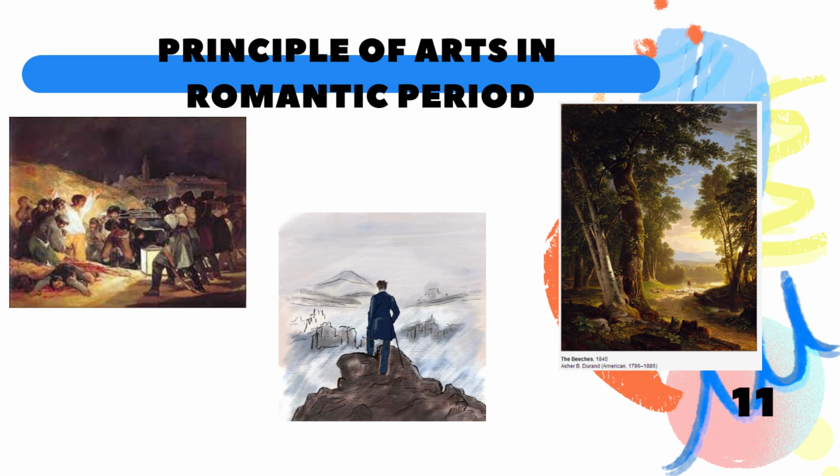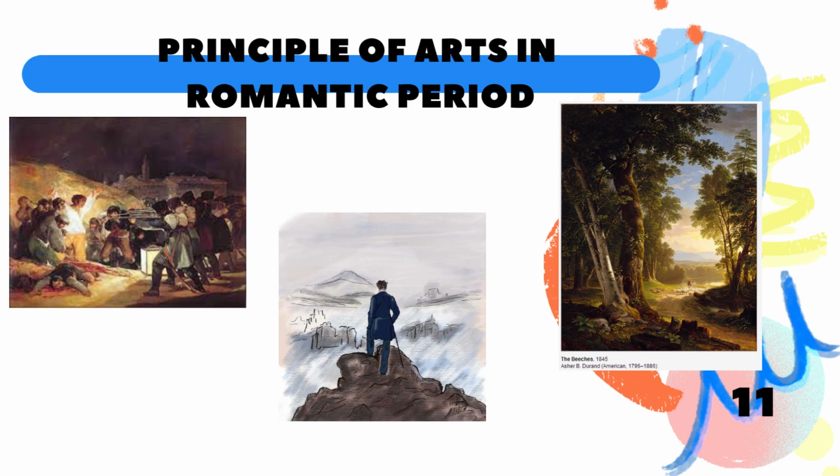So what texture can you see in the picture? Is it soft or rough? And harmony of color. What colors are there in the picture? White and blue. And in the harmony of lines, there is a horizontal, vertical, diagonal, and some curves.